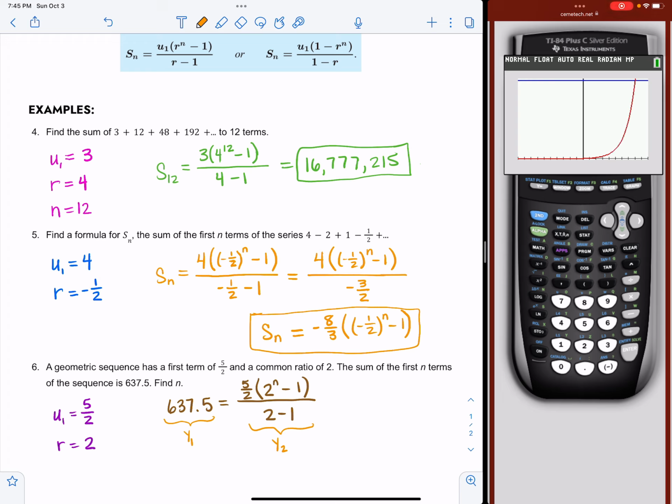Okay, so we can see the intersection. We press second trace, go to number 5, and we trace all the way over until we get as close to it as possible. Almost there.